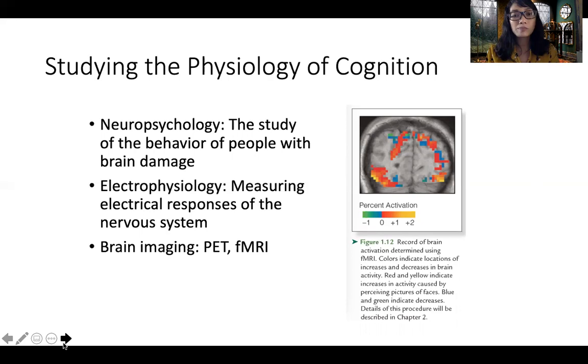It is when the technique of brain imaging was introduced. The procedures called positron emission tomography, or PET, and functional magnetic resonance imaging, or fMRI, were introduced to give us insight, a visual explanation, of the cognitive function in our brain.